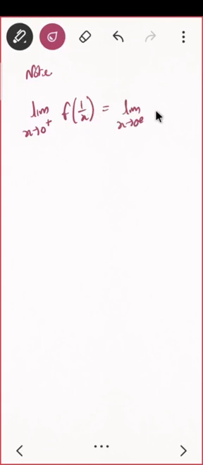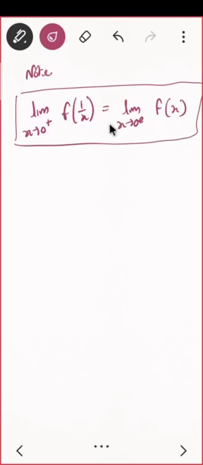Note the limit as x extends to 0 plus, definitely I'm coming from the plus side, of f of 1 upon x is the same as the limit as x extends to infinity of f of x, which is quite obvious if you see. Here x was going to infinity and here 1 upon x goes to infinity. x goes to 0 plus, that means 1 upon x goes to infinity. In some cases we'll be using this actually.